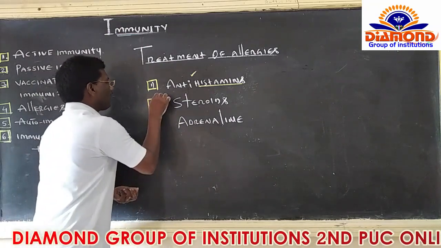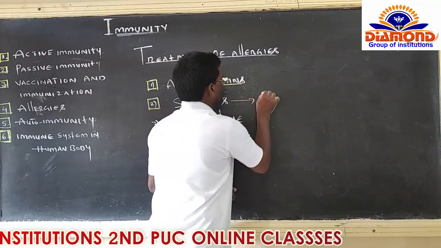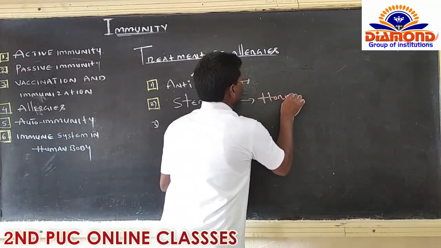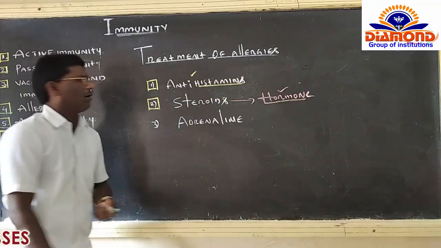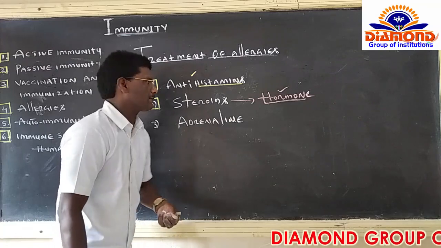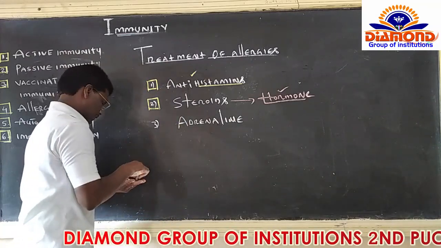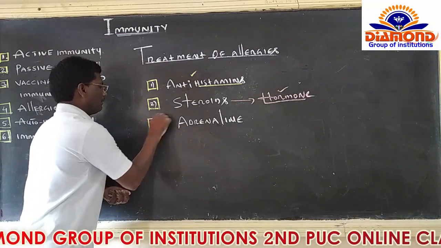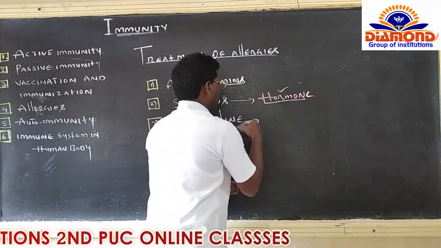Number two goes in favor of steroids. Steroids means what? This is one kind of powerful hormone. I will give you one interesting example of a steroid hormone: testosterone, which is produced from the testis. This also works against allergic reactions. And lastly, adrenaline. Adrenaline we know very clearly. It is produced by the adrenal gland.